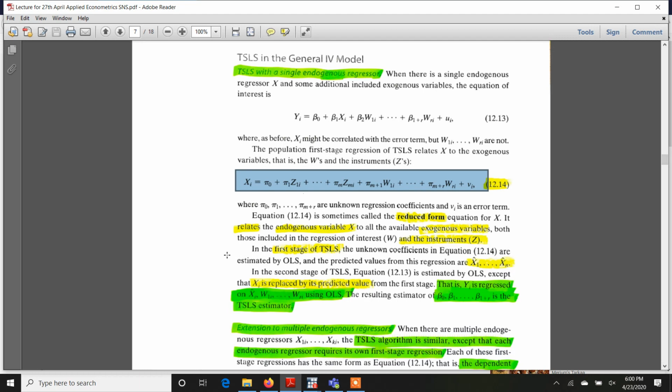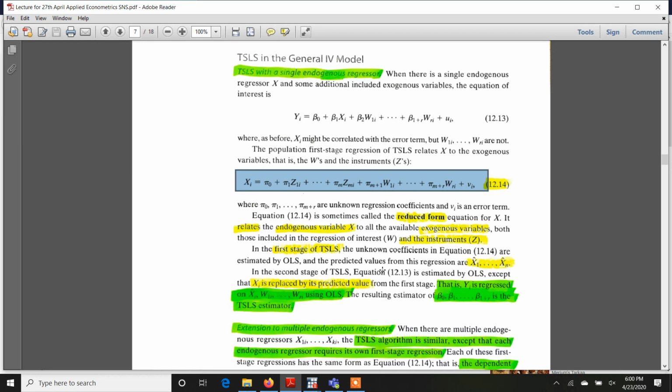So that you know the terminology, which is standard and used frequently in the textbooks. Okay, so in the first stage of TSLS, the unknown coefficients are estimated by OLS, and the predicted values from this regression are X1 hat, X2 hat, and so on. If you have a single endogenous variable, of course you will only have one, that is X1 hat only.